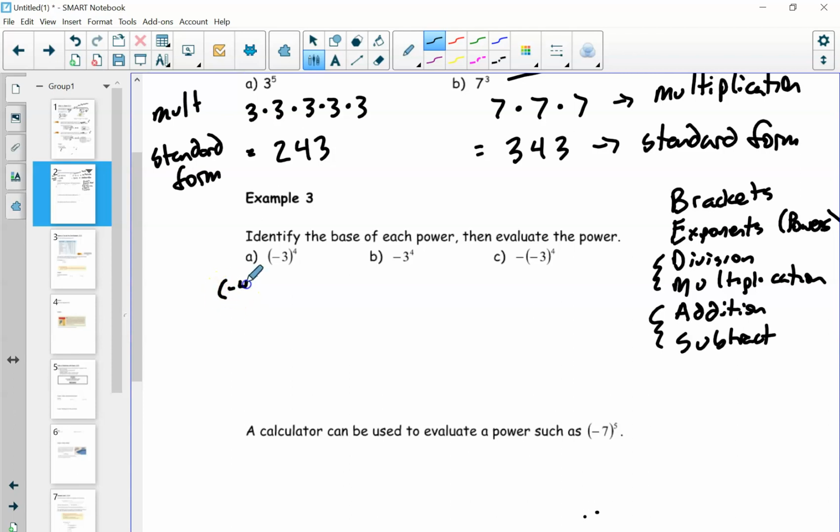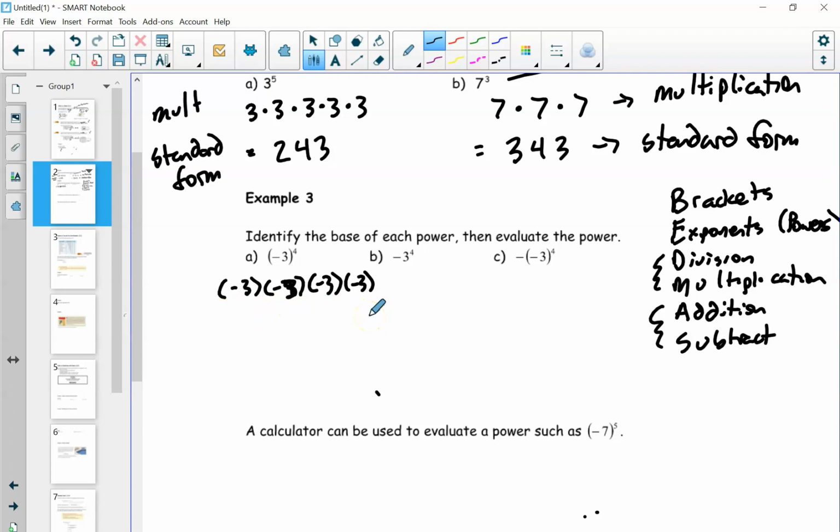So it's really not negative 3 to the 4, it's really negative 3 times negative 3, negative 3, negative 3. So that's what this really means. You have to repeat that 4 times, and make sure that you include what's inside the brackets.